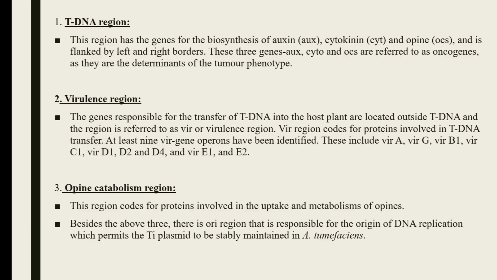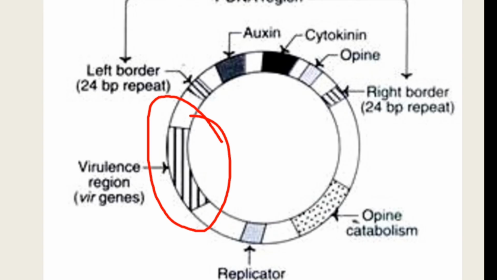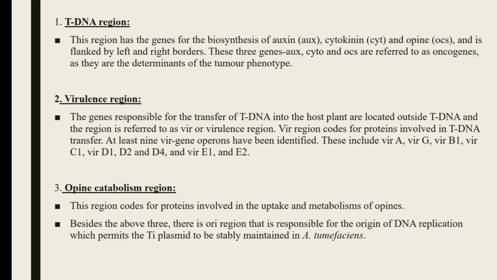Virulence region. The genes responsible for the transfer of T-DNA into the host plant are located outside T-DNA, and the region is referred to as Vir gene or virulence region. Vir region codes for proteins involved in T-DNA transfer. At least 9 Vir gene operons have been identified. 3.